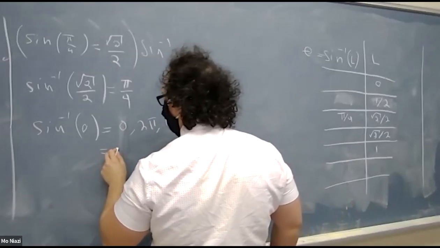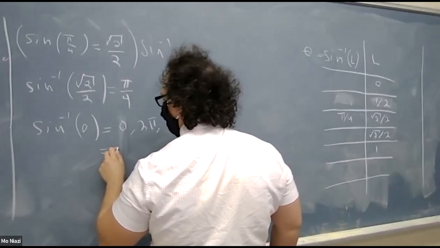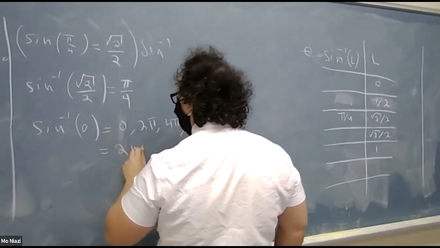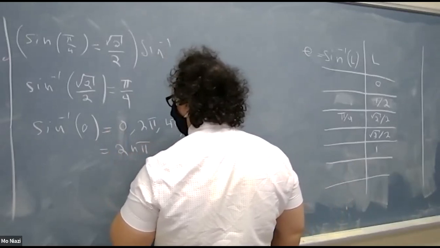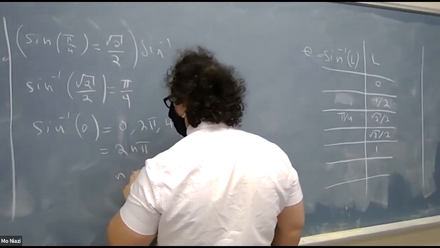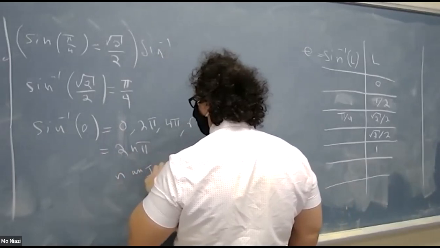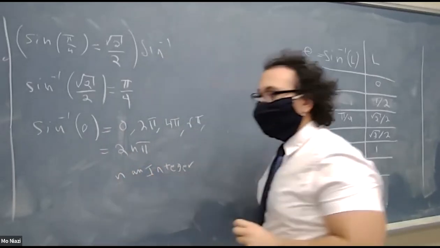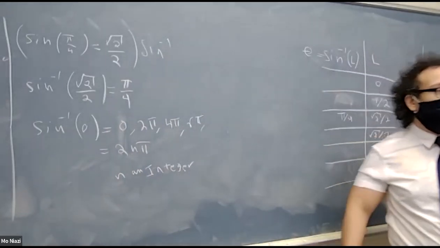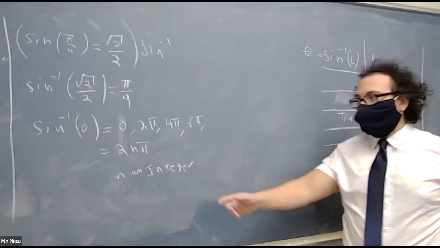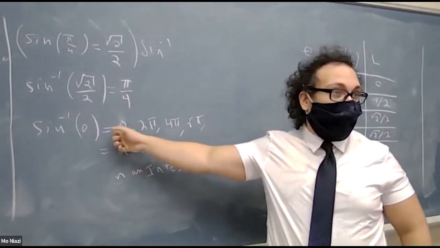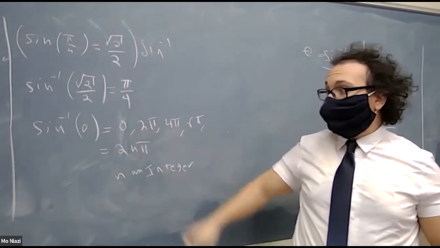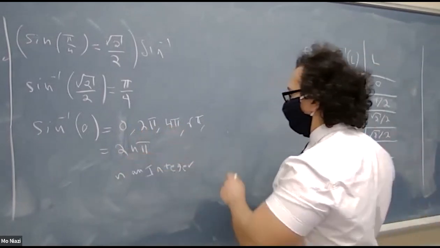So actually, sine inverse of 0 is equal to 2 n pi, where n is an integer, positive or negative or 0. When n equals 0, we restore this output. When n equals 1, we restore this. When n equals 2, we restore this. When n equals negative 1, we'll get another one that works.